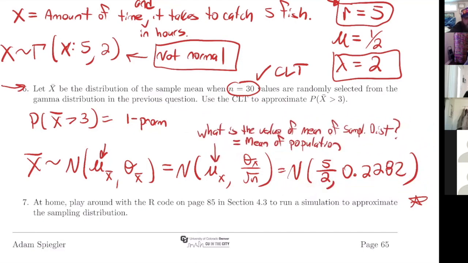So over here, we would have p-norm. We first plug in 3. That comes from over here. That's right. And then we plug in the mean, which was 5 hats. And then the standard error, not the standard deviation, but the standard error, which was this.